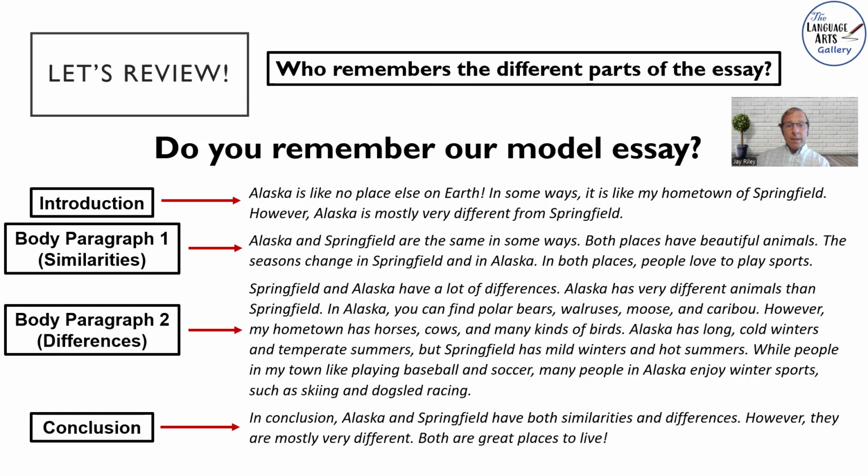While people in my town like playing baseball and soccer, many people in Alaska enjoy winter sports, such as skiing and dog sled racing. In conclusion, Alaska and Springfield have both similarities and differences. However, they are mostly very different. Both are great places to live.